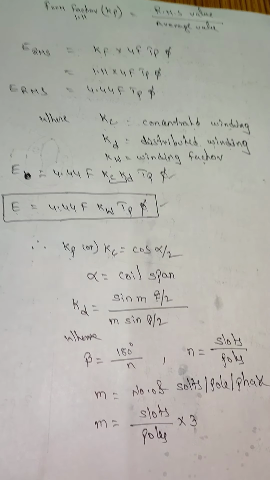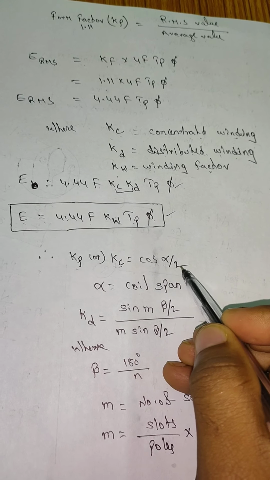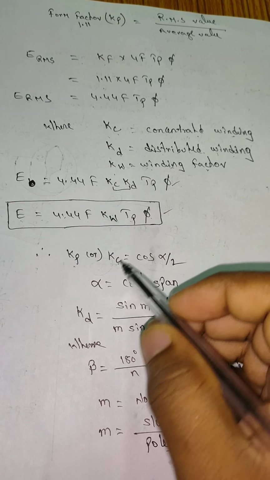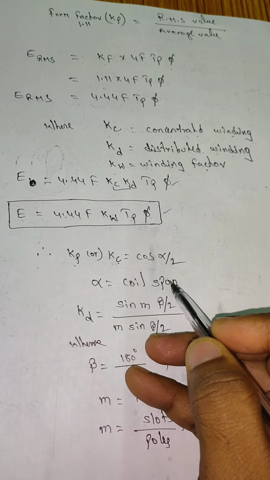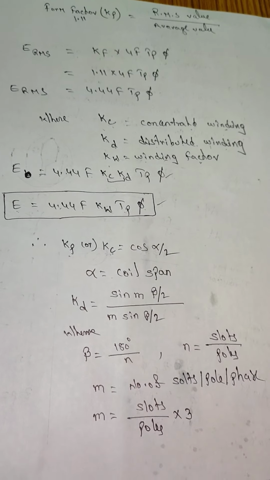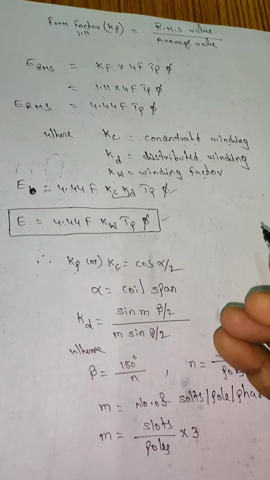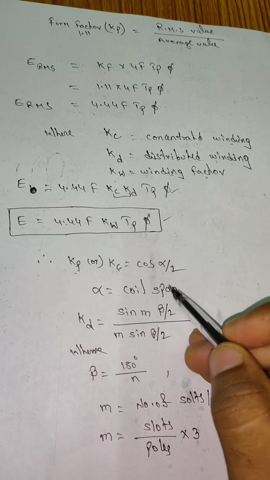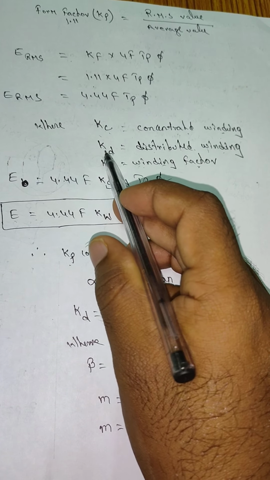Now how can you find Kp or Kc? Kc is equal to cos alpha by 2, where alpha is equal to the coil span. Now what is a coil span? In the sense, we have some angle with respect to the poles, and that angle we call the coil span.